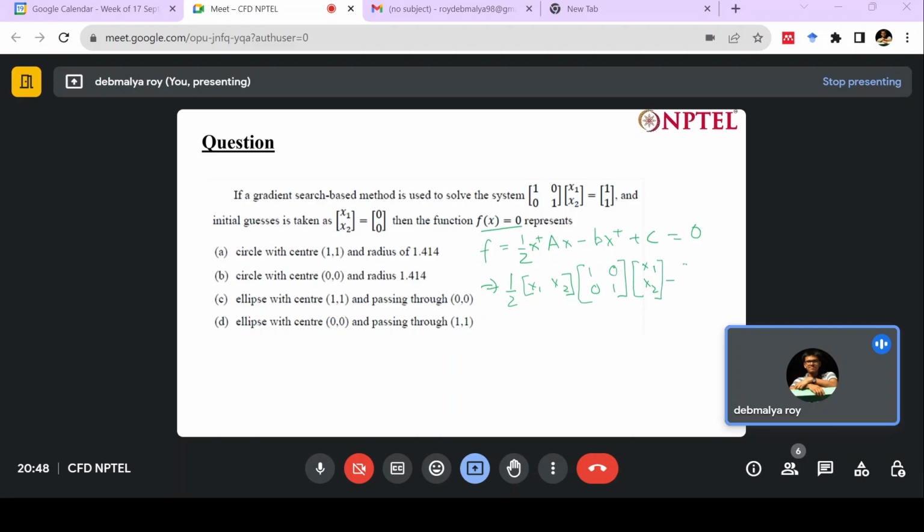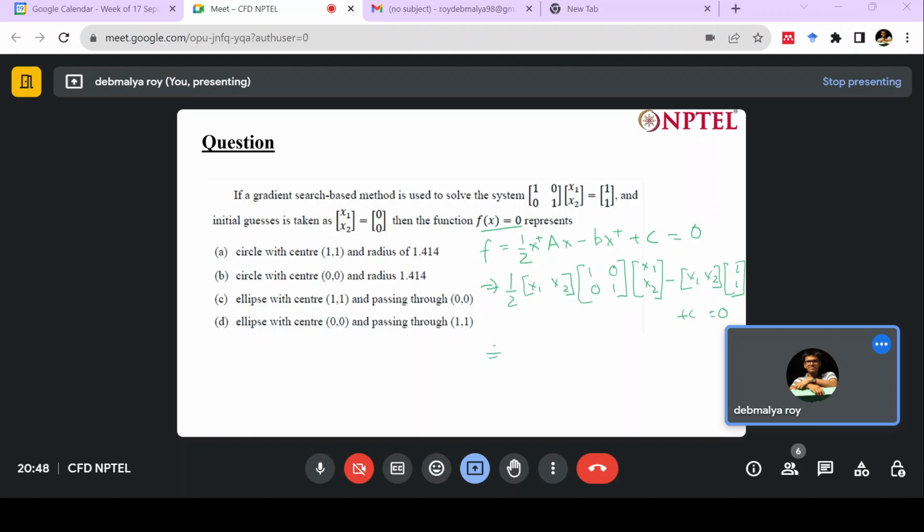Minus b is 1 1, x transpose is, it should be the opposite way, this is x1 x2, and this is 1 1, plus c equal to 0.